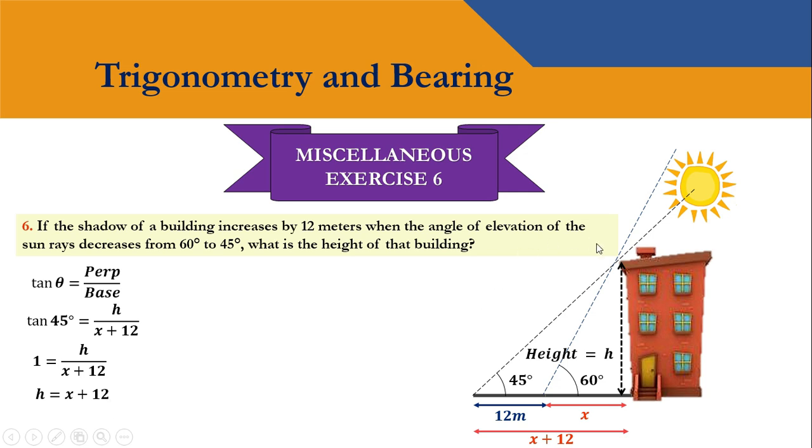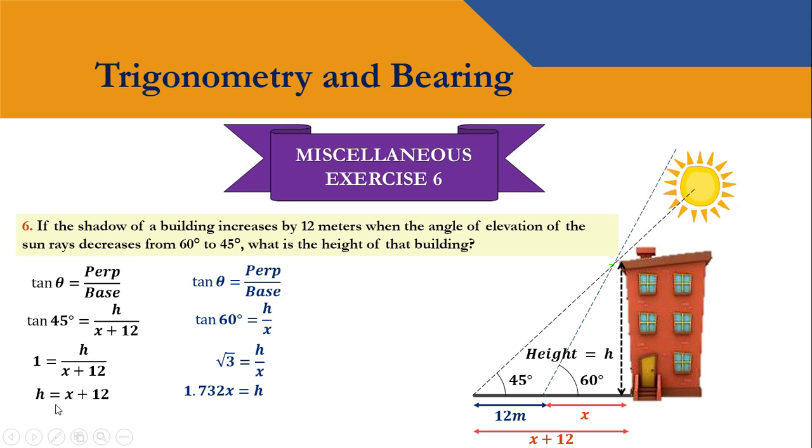Now we will solve our first triangle having the angle of 60 degree with the base x and perpendicular h. So again using the tan of theta, putting the value and doing some mathematical manipulation, we know that h is equals to 1.732 times x. So now this is the second equation and this is our first equation.